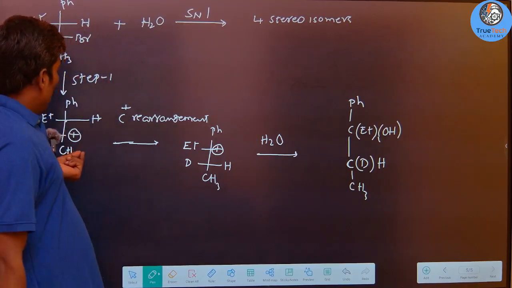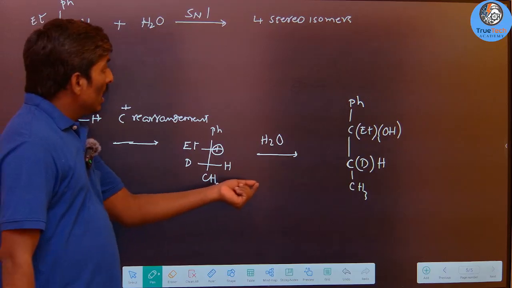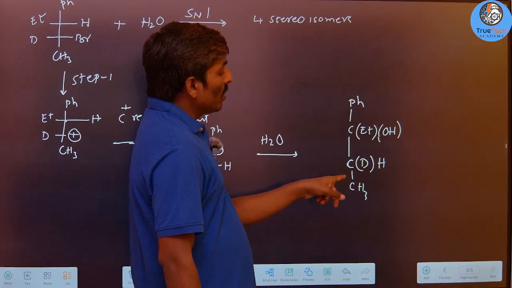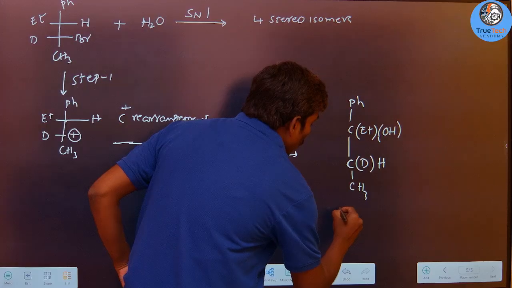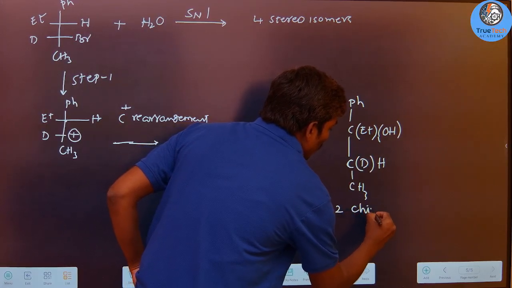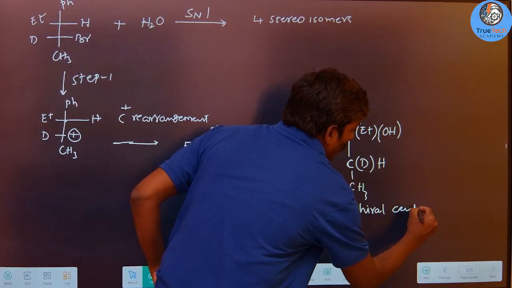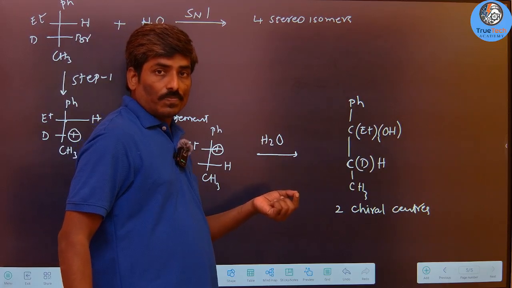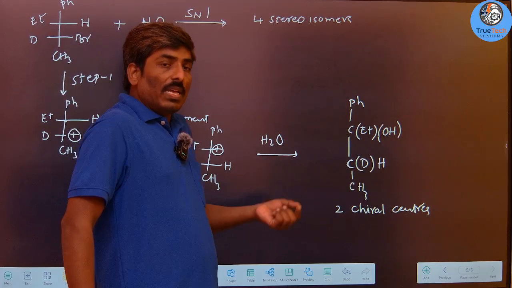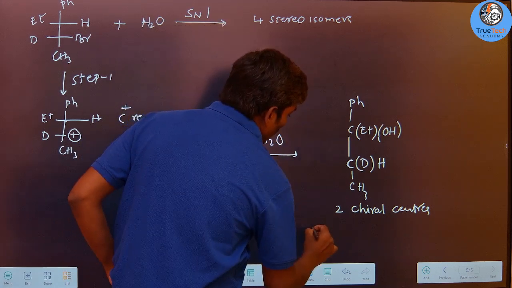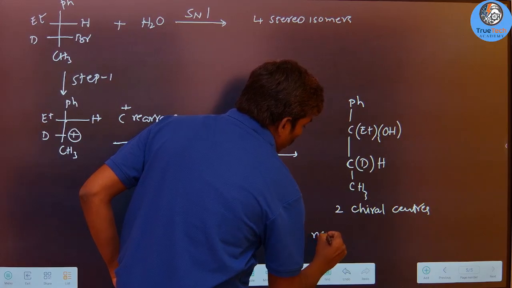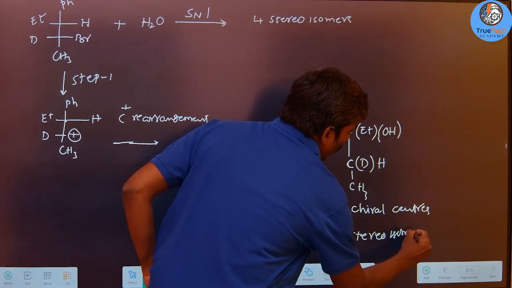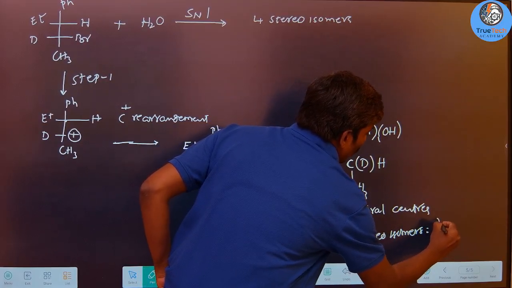So in this example, you are going to get 4 stereoisomers because, observe the product, the molecule contains 2 chiral centers, 2 chiral centers with different termini. Then the number of stereoisomers equals 2 power n.